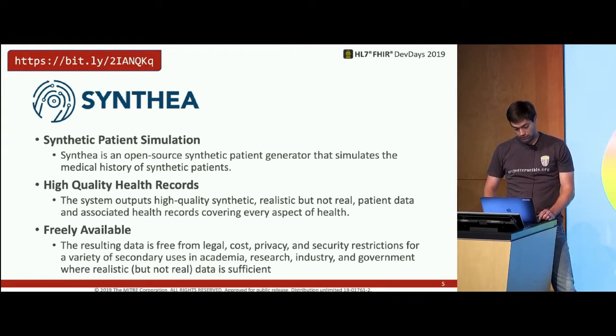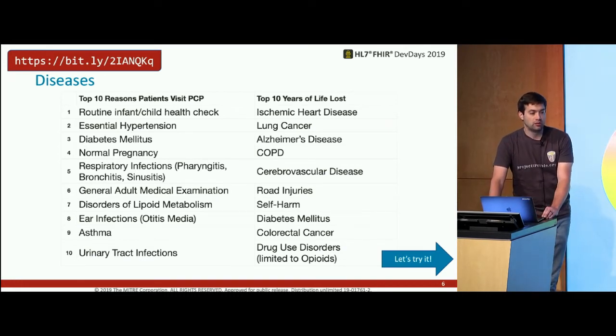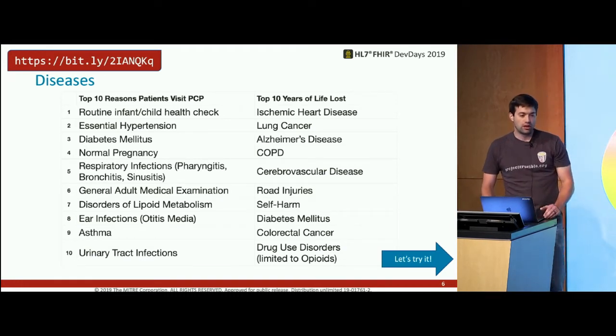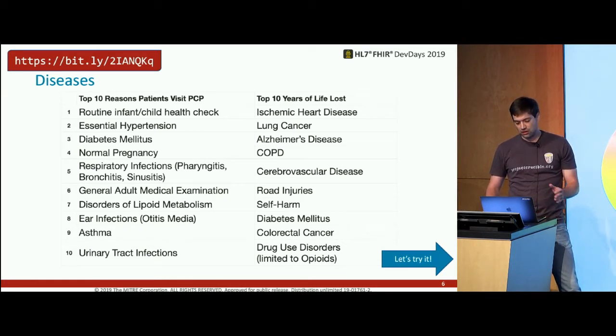So that's great. When we started this project, we started with what I call the 2 top 10s. So we wanted to have coverage for the top 10 reasons patients would go to visit their primary care physician. So these are like routine infant-child health checks, hypertension, pregnancy, ear infections, asthma, those kind of things.